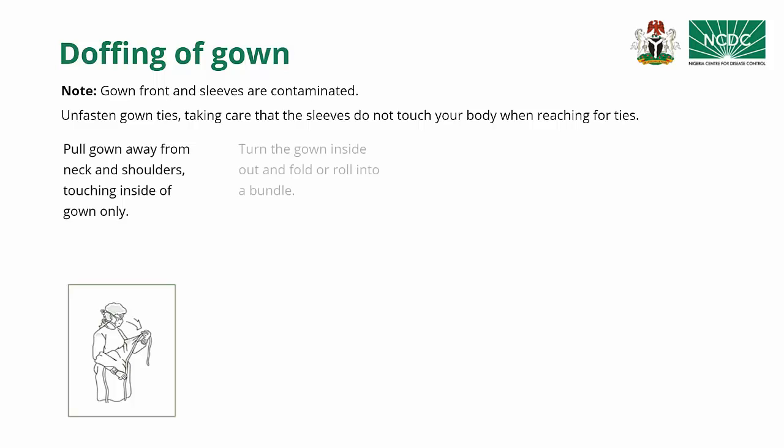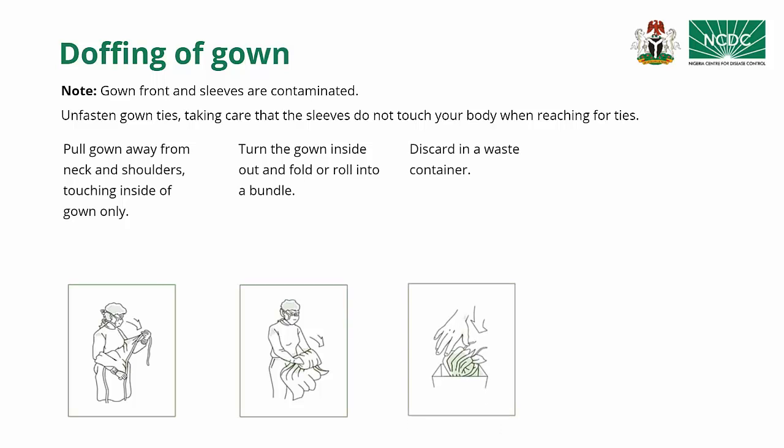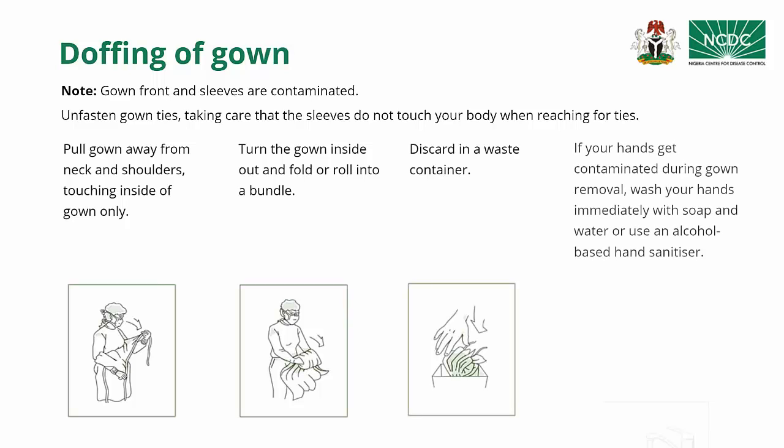Then, turn the gown inside out and fold or roll into a bundle, and discard in a waste container. Again, if your hands get contaminated during gown removal, wash your hands immediately with soap and water or use an alcohol-based hand sanitizer.